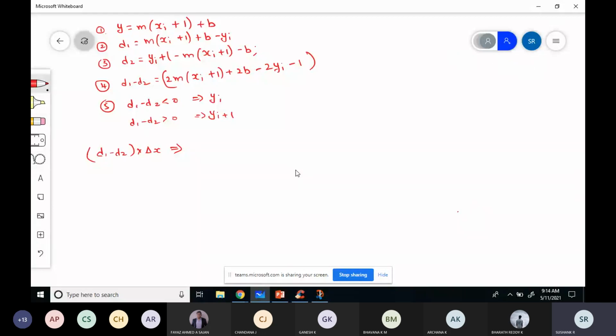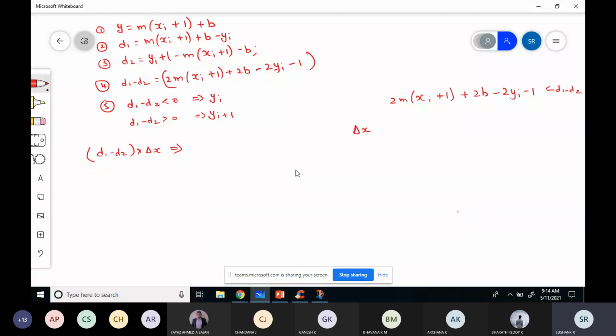I know that 2m x of i plus 1 plus 2b minus 2yi minus 1 is my d1 minus d2. Now I'm multiplying this with delta x. So what equation will I get?